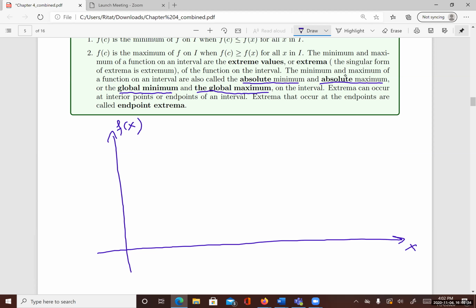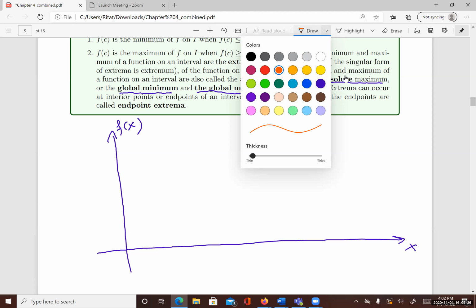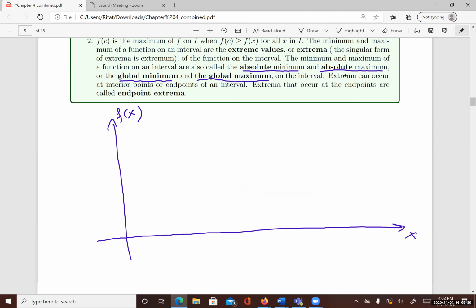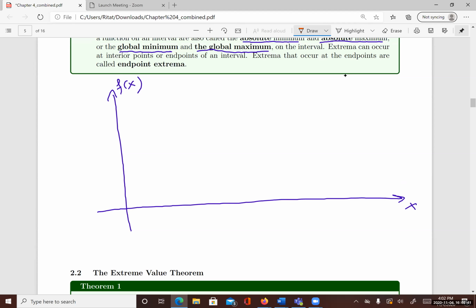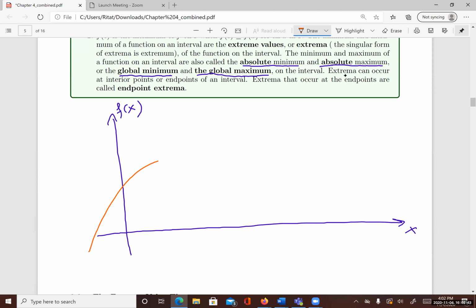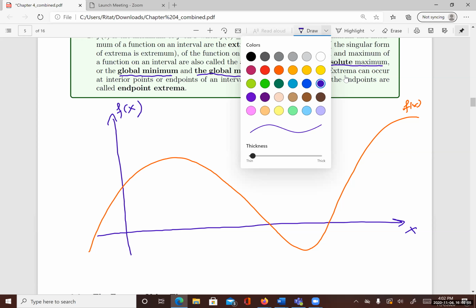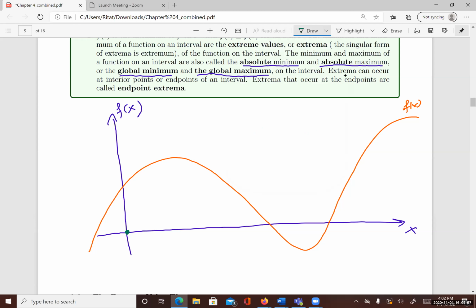Okay, and then I can graph this function, say, like that. And I want to consider this function f of x on the open interval from 0 to 10.